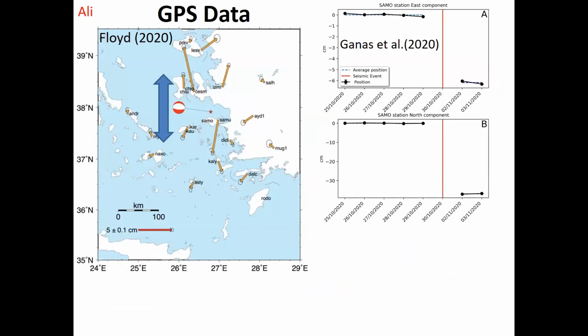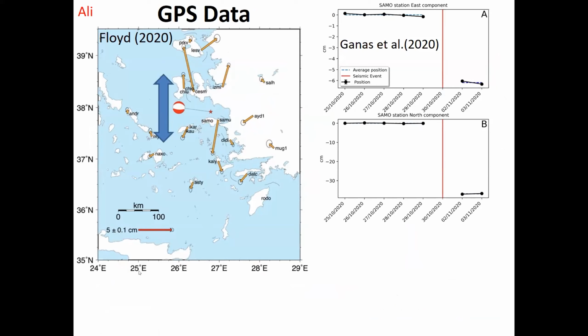Okay, here are shown the GPS stations that are operated by Greek and Turkish colleagues. And the azimuthal coverage of the GPS stations, as you can see from the figure, is quite good to obtain a source model that is based on GPS data and also incorporates the interferometric data.